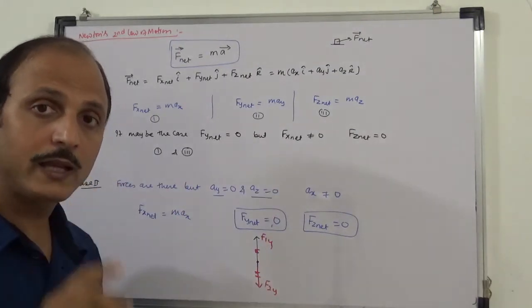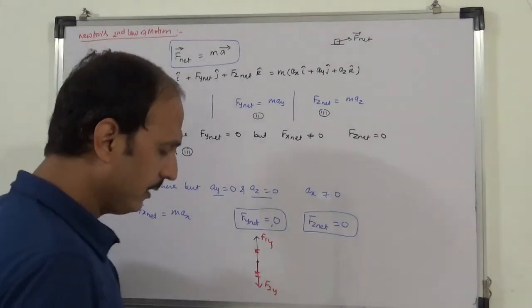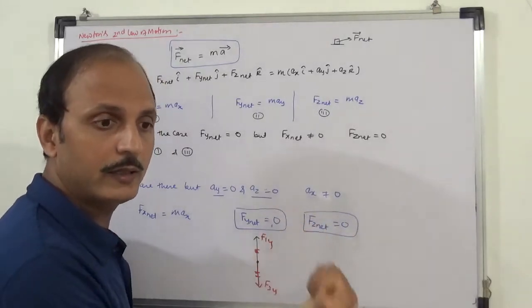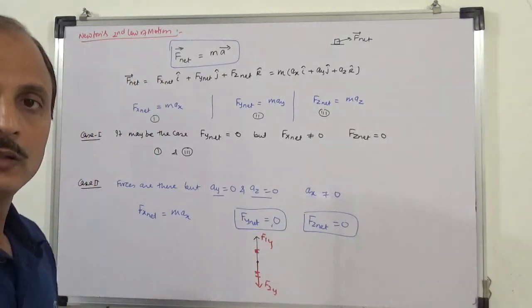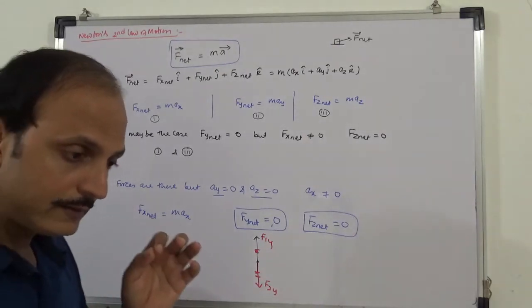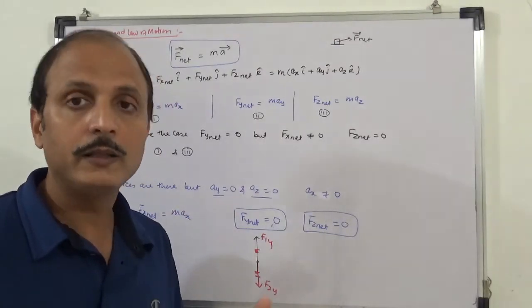Only then do two vectors cancel. Remember it. Same here along z, z meaning out of plane. So f1z and f2z are cancelling each other. So forces are there, but there is no acceleration.